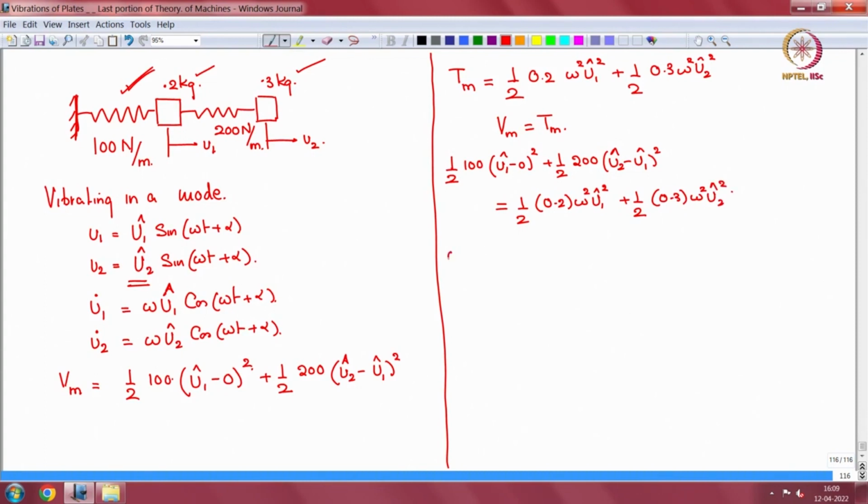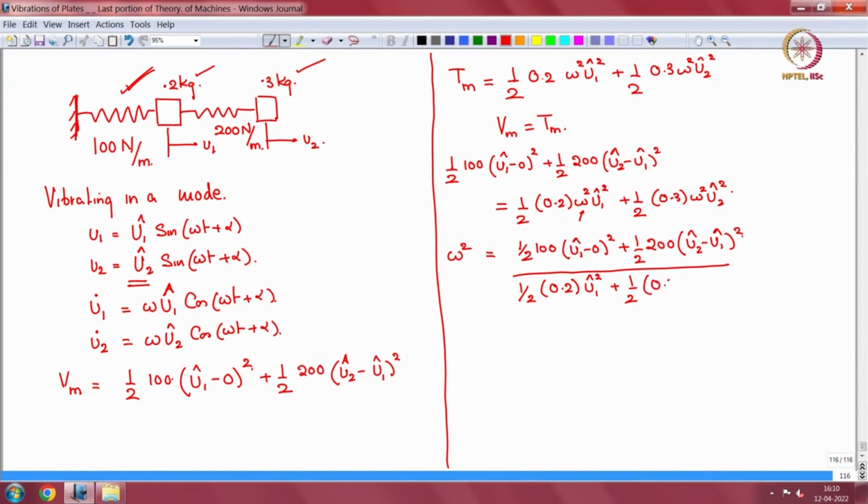Okay. So now if we separate omega square out, then I have 1/2 into 100 into u1 hat minus 0 squared plus 1/2 into 200 into u2 hat minus u1 hat whole squared, divided by 1/2 into 0.2 u1 hat squared plus 1/2 into 0.3 u2 hat squared.